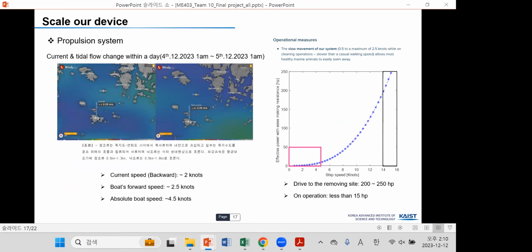When the current speed is up to 2 knots and the boat forward speed facing the current is up to 2.5 knots, the absolute boat speed should be up to 4.5 knots. So we presume that when driving to the removal site, we need around 250 horsepower, but on operation, we need less than 15 horsepower.